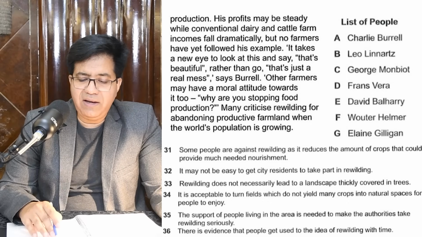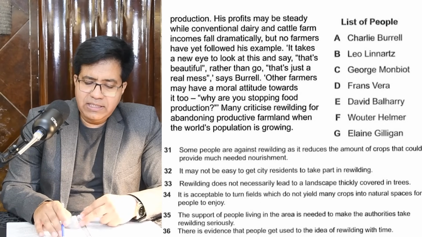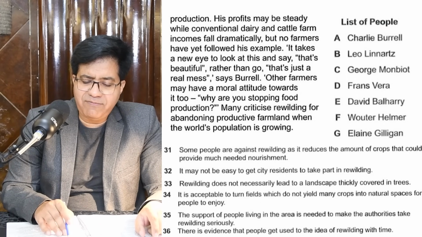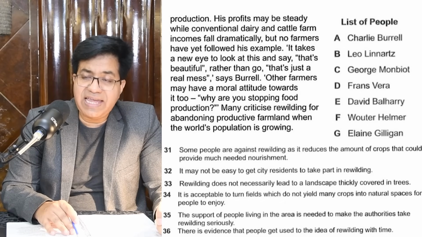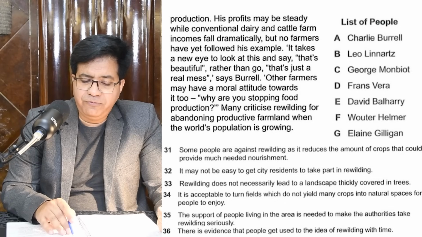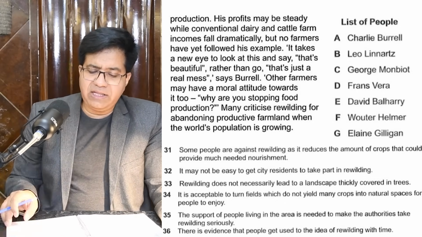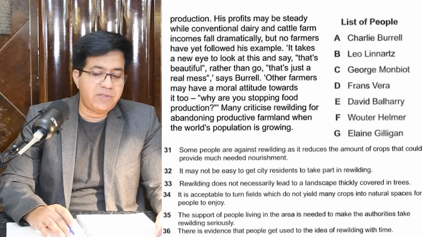Does it ring a bell? Some people are against rewilding. Please come back. He says other farmers may have a moral attitude. It means they are against rewilding. Why are you stopping food production? Many criticize rewilding for abandoning productive farmland when the world's population is growing. So that is question number 31.